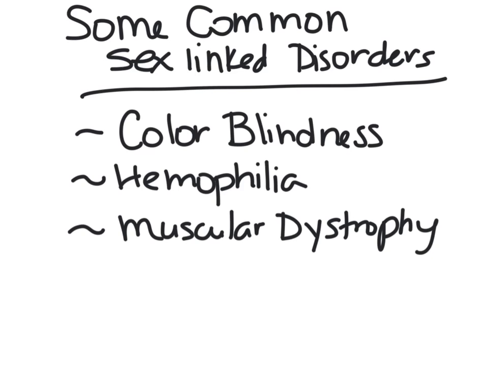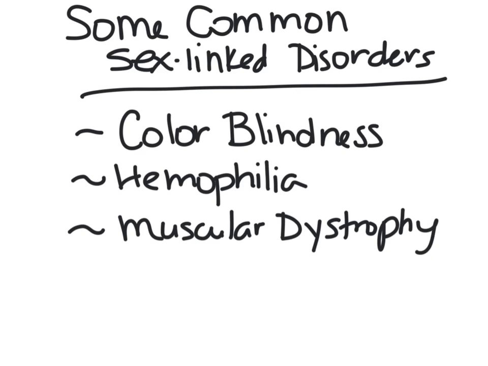So in the problems we're going to look at, we have some common sex-linked disorders that we are going to use in our problem sets. The three most common that tend to be used in freshman biology class are colorblindness, hemophilia, and muscular dystrophy. And some of you may have heard of these disorders previously. Colorblindness is when the individual has difficulty differentiating between some colors.